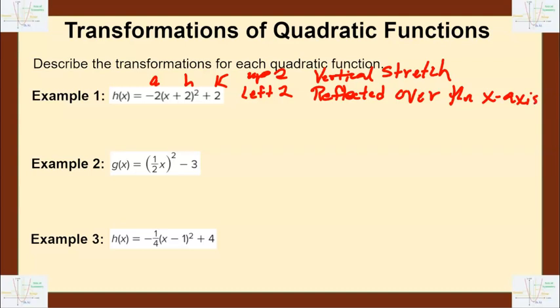Example 2. Here my k is here. My h, there is no h in here, so the h is 0. And then here's my a. So the k is a negative, so that means it's going down 3. There is no horizontal translation. The a is on the inside, so that means there's a horizontal dilation.